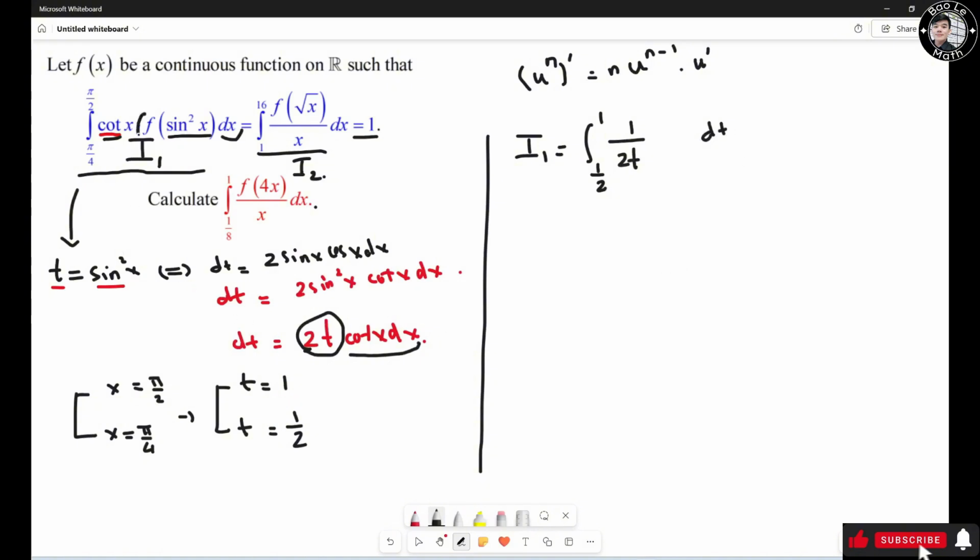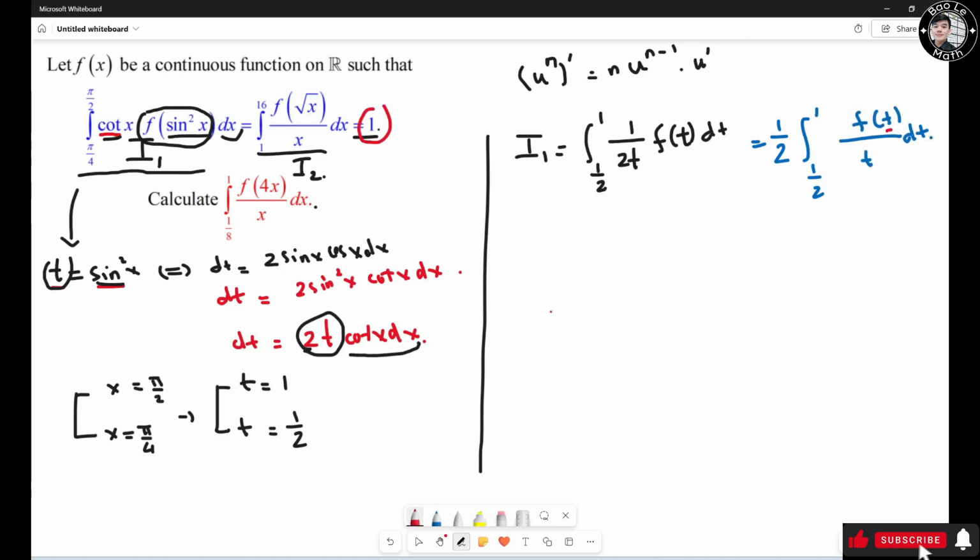Now f of sine square of s is going to be f of t, right? Because t equals this, right? So it could be f of t. I'm going to bring 1/2 to the front, so it could be 1/2 times the integral from 1/2 to 1 of f of t over t dt, right?